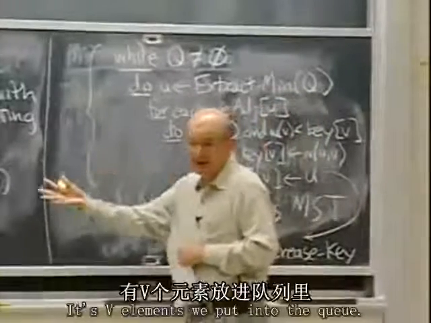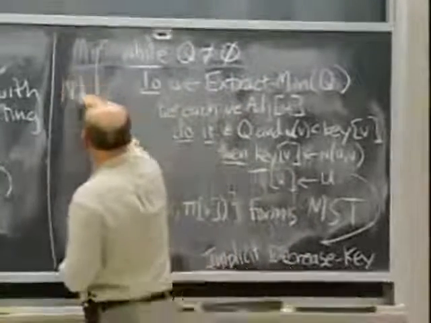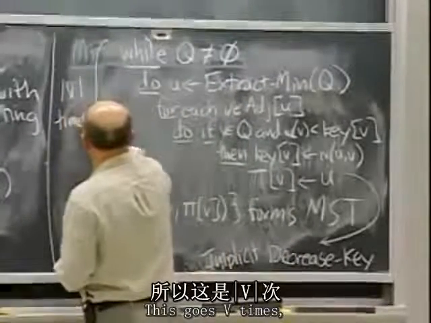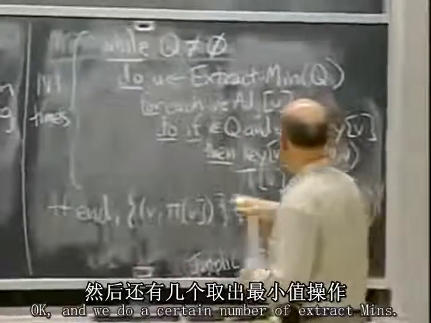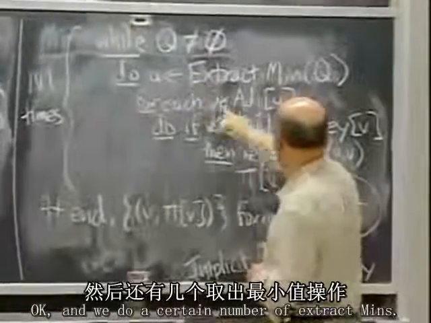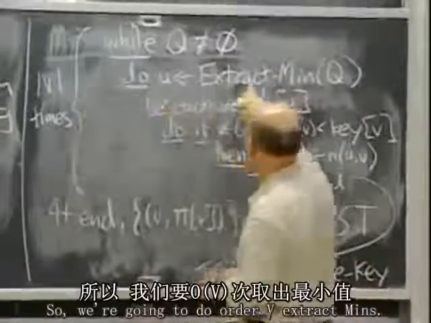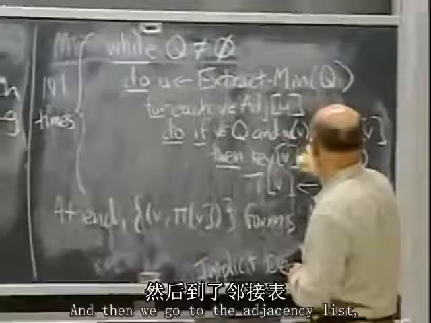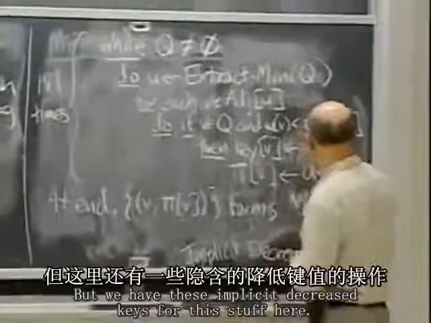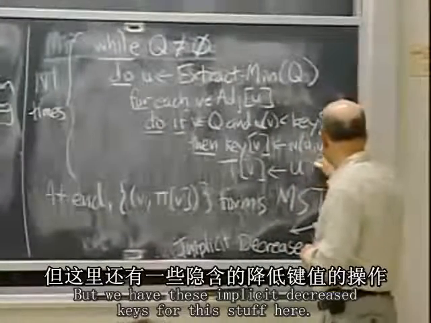There's V elements we put into the queue. We're not inserting anything, we're just taking them out. This goes V times. And we do a certain number of extract mins. So we're going to do order V extract mins. And then we go through the adjacency list, and we have some constant things, but we have these implicit decrease keys for this stuff here.